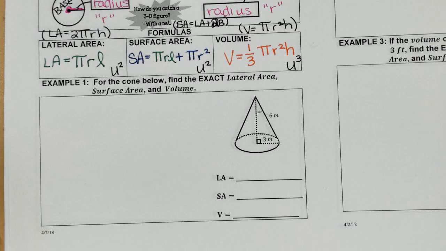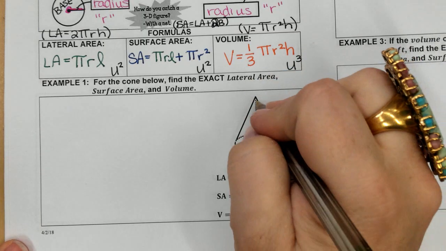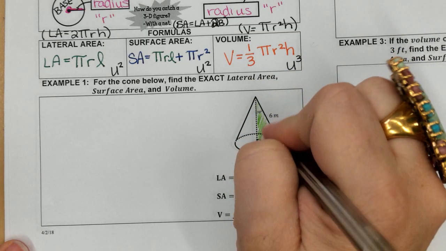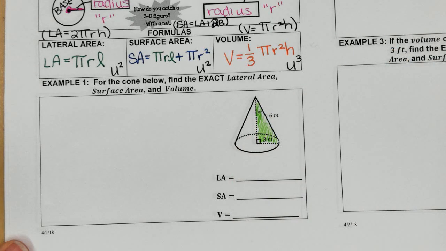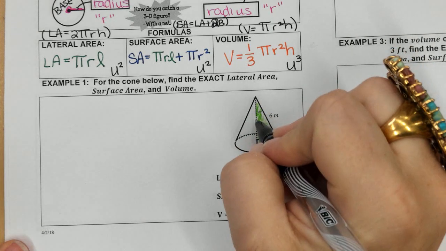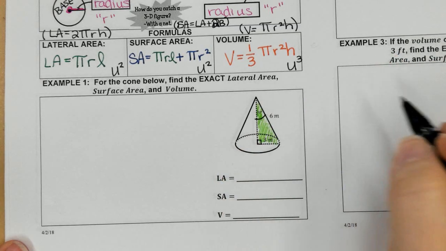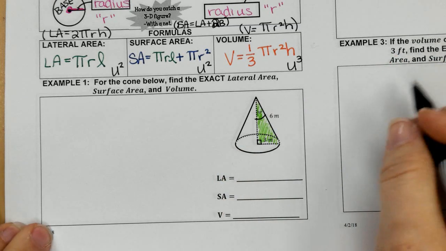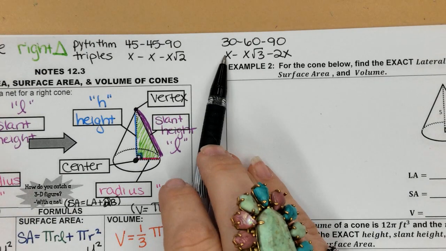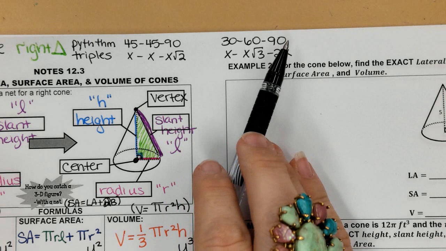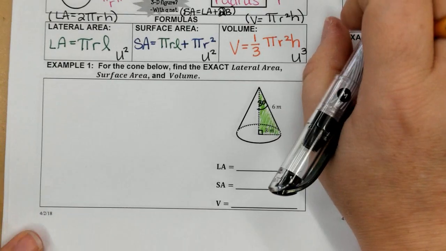So on this first one, I'm going to cue in on my sliver of a triangle. They also gave me a hint that this angle right here is 30. It's kind of faint, but it is a 30. So that tells us we end up with a 30, 60, 90 special right triangle.